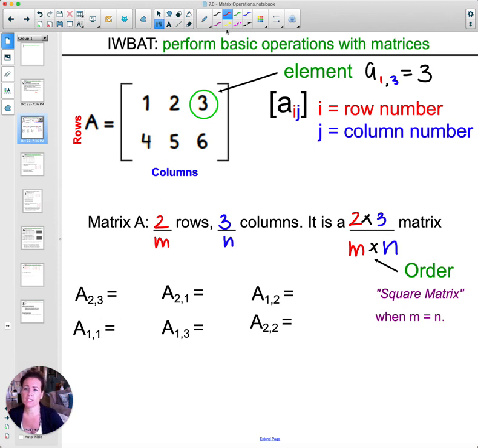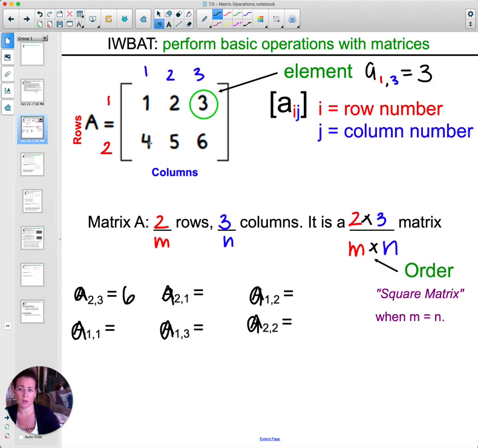So let's take a look at these examples. I don't know why I have these in uppercase letters; these should be lowercase a for the elements. Okay, element a2,3. So row 2: we've got row 1 here, row 2 here, and then column 3. So column 1, 2, 3. Row 2, column 3 is the element 6.